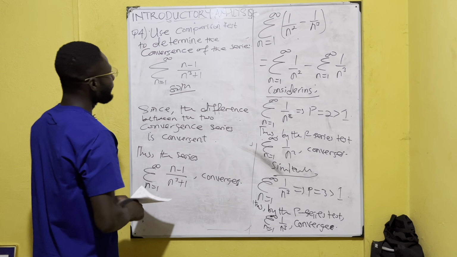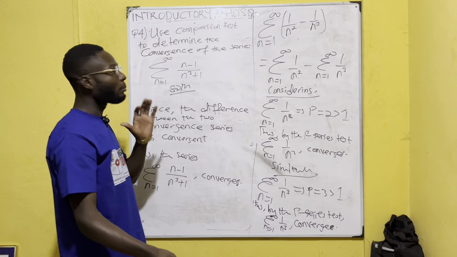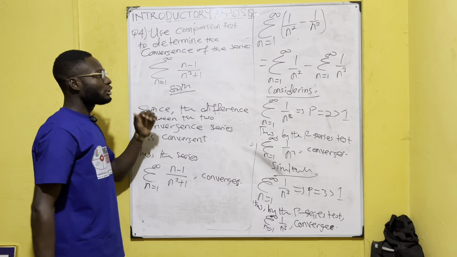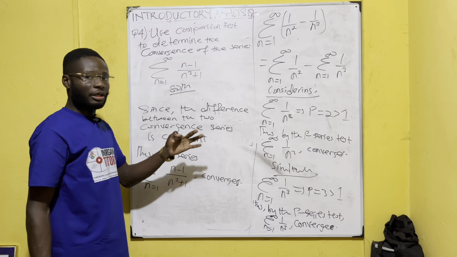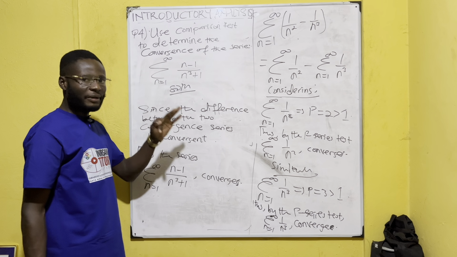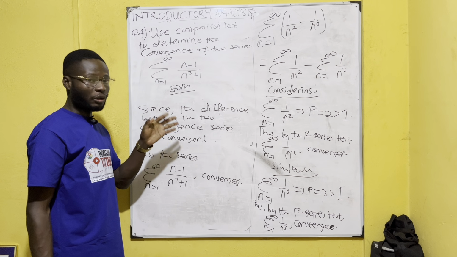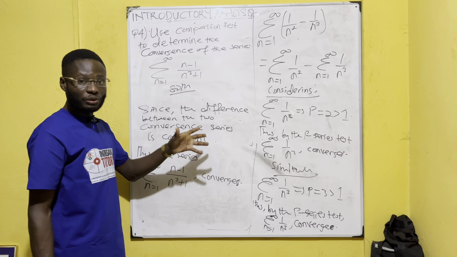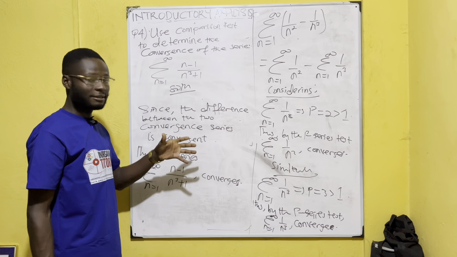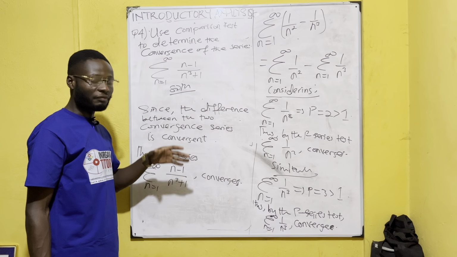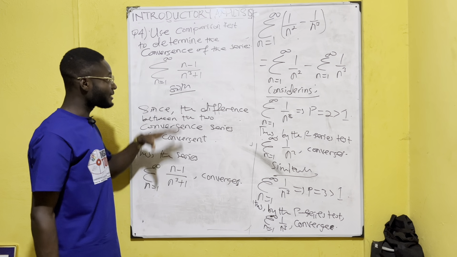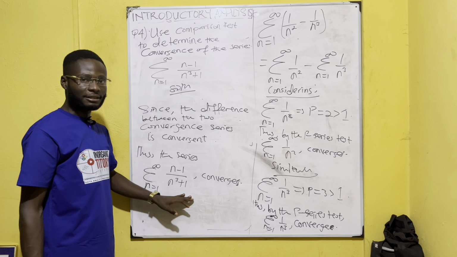All right, so we have been able to use the comparison test to check if the series will converge or not. And indeed, using the comparison test, it has proven that the series converges.